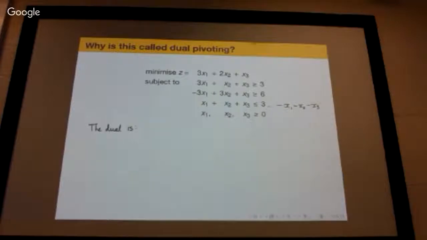That's going to make our life easier. And now we can write the dual in the standard way. So what is the dual? Is it to minimize or to maximize? Maximize, yeah.